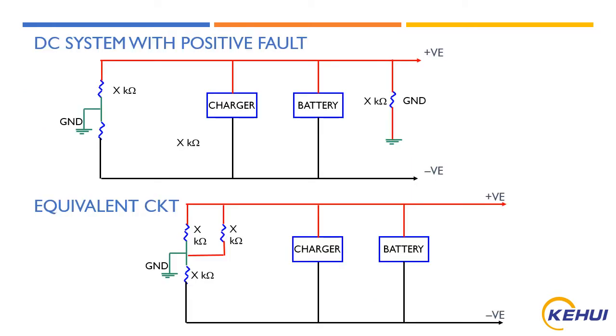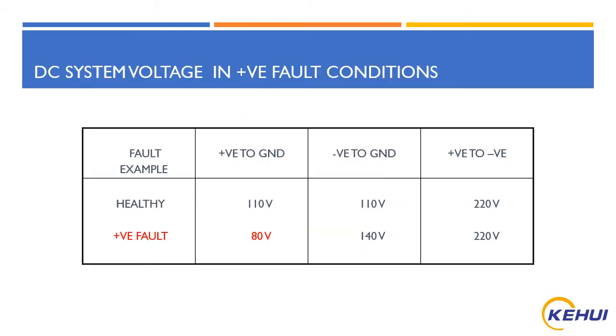If we see this entire system in an equivalent circuit, you can see that a positive fault occurs in the positive polarity, which in turn creates an impact on the balancing circuit of the positive resistance, where it drops the resistance as well as the voltage across positive to ground. Let us take a small example of a high resistive fault.